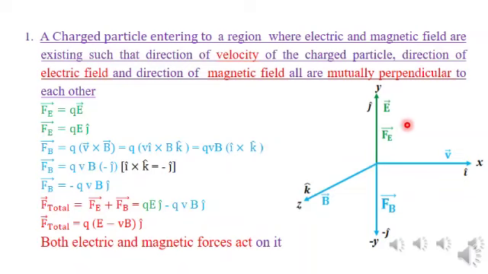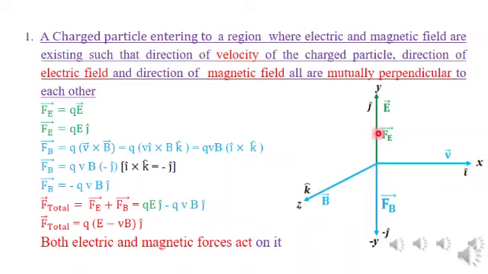Consider a region where the electric field acts along the y-axis and the magnetic field acts along the z-axis as shown in the figure. Now, a charged particle is entering this region along the x-axis such that E, B, V are mutually perpendicular to each other.